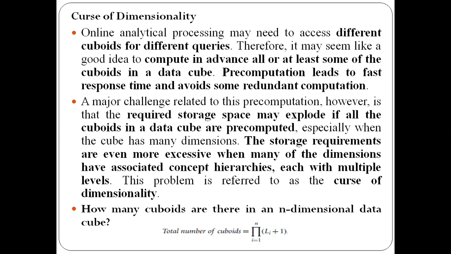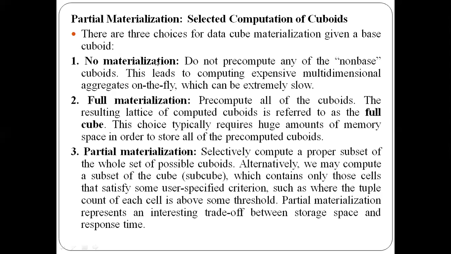So instead of storing the results of all the cuboids, we can go for partial materialization. That is, whichever cuboid results are required, only those will be stored in memory. Now coming to materialization, we have 3 different kinds.